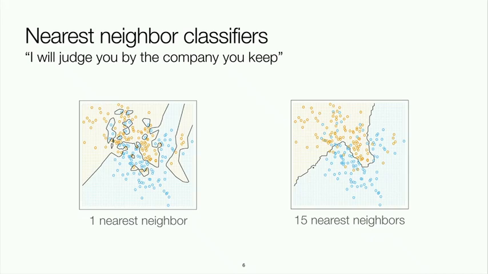And we can see from this simple example that the 15 nearest neighbor is doing something pretty reasonable for something a little more complex than linear.